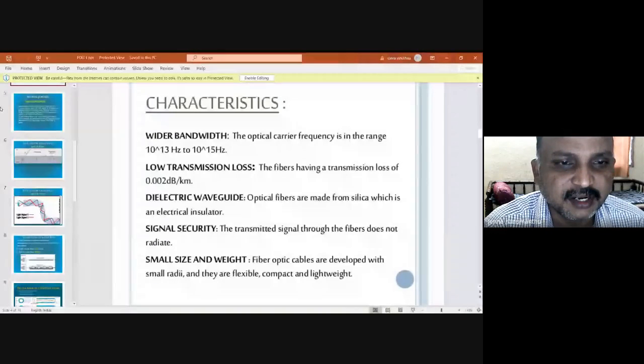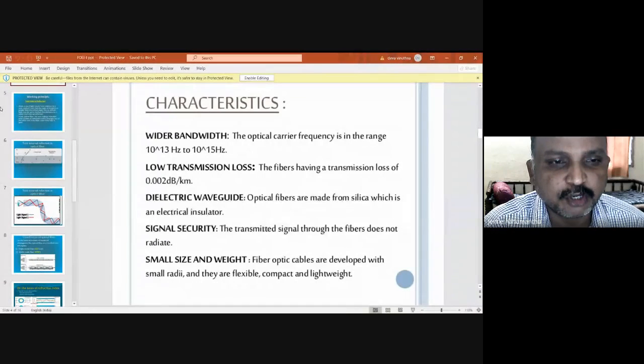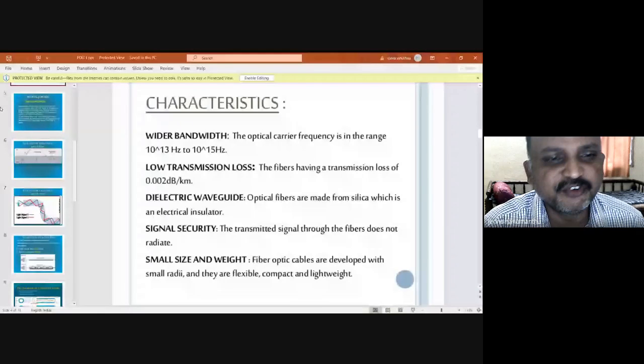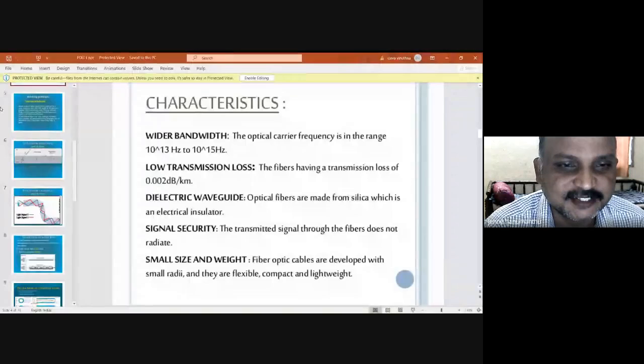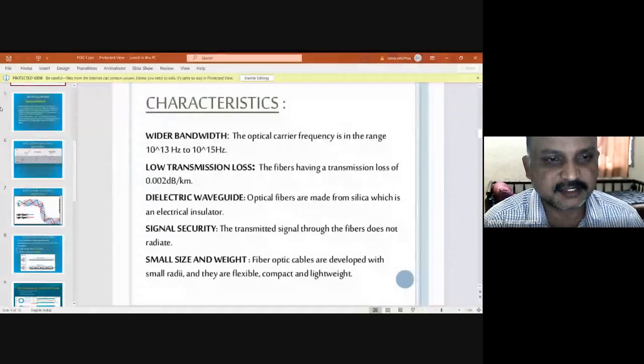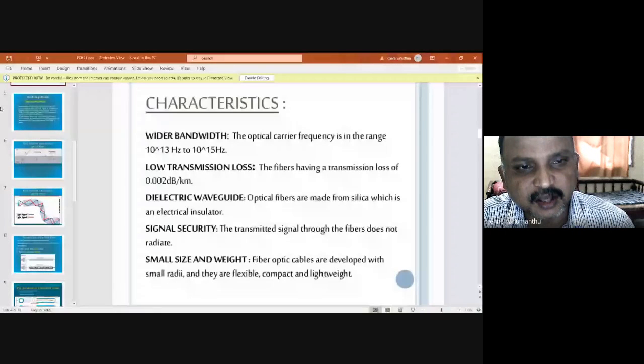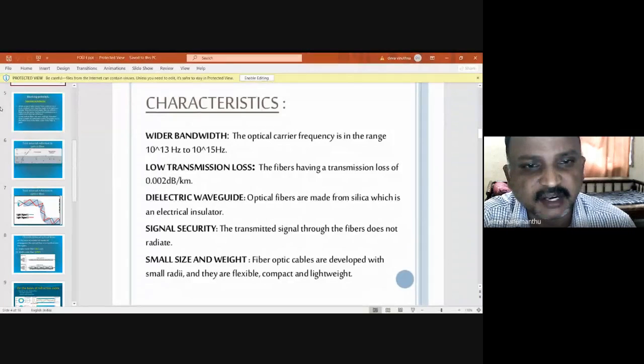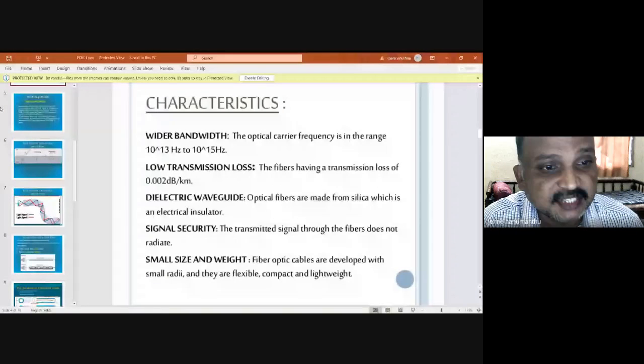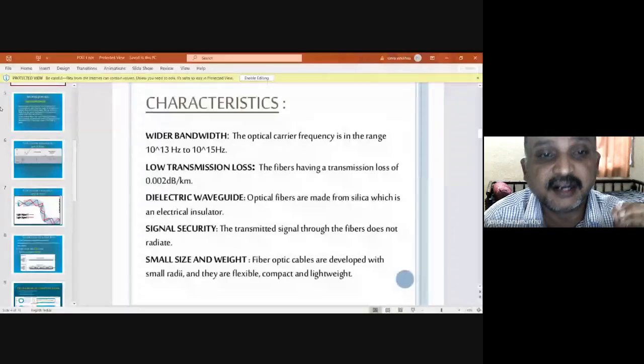Each cable may give 0.002 decibels loss. Isn't it? Into 500, how much loss? It is very less. That is acceptable loss. That's my point. If you use communication with the coaxial cable, the loss is high. But for the fiber, the loss is very less. That is the advantage with the optical cable.